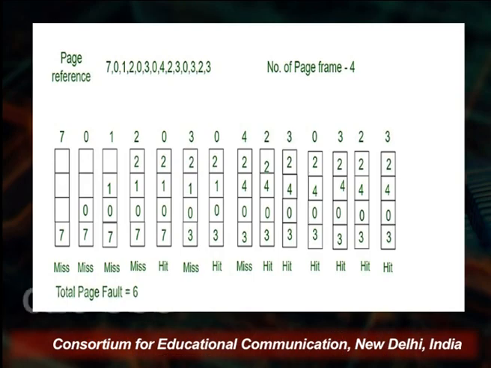So, for example, consider this page reference string. If one of the techniques gives us a total page fault of 6 when the total number of frames is 4, then under similar conditions, any page replacement technique which gives a total page fault of 6 can be said to be an optimal page replacement algorithm.